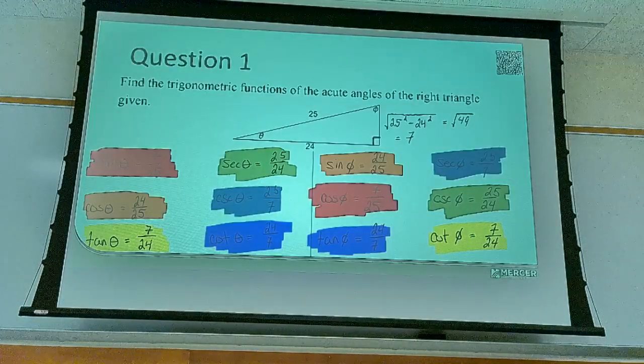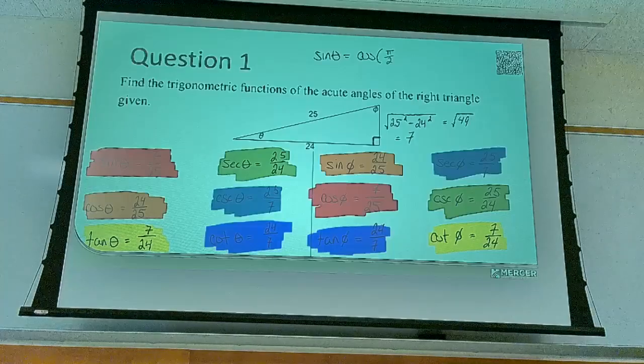Or just sine of pi over 2 minus theta. Because phi is pi over 2 minus theta, right? Mhm. So sine theta is cosine of pi over 2 minus theta.